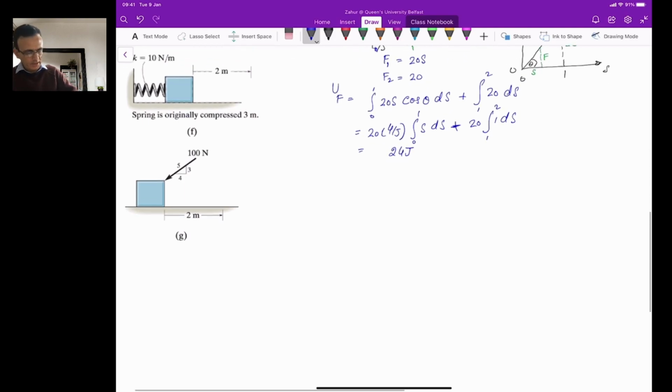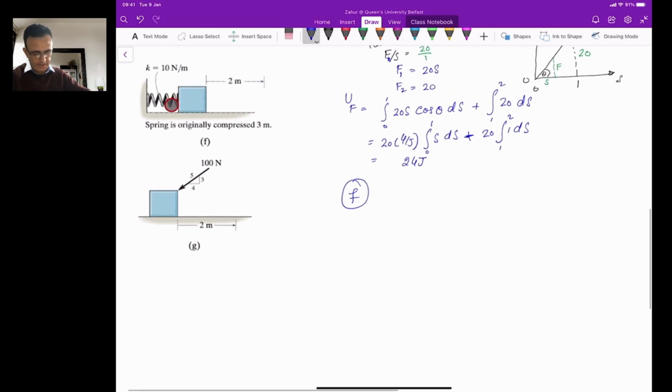Now for the part F here, which is the one with the spring. For the part F, the spring is originally compressed 3 meter. So this is a spring attached to a mass here, and the stiffness of the spring is given, which is 10 Newton per meter, and originally the spring is compressed 3 meter, and you move it through a distance x.